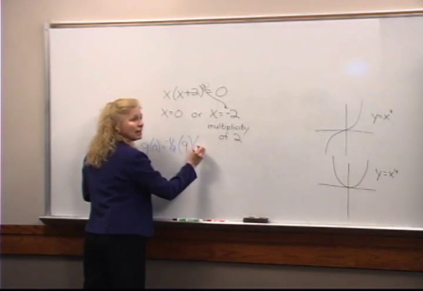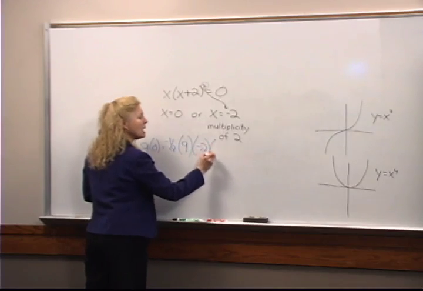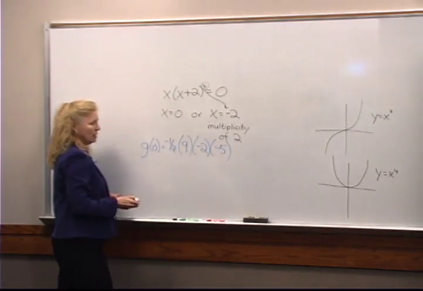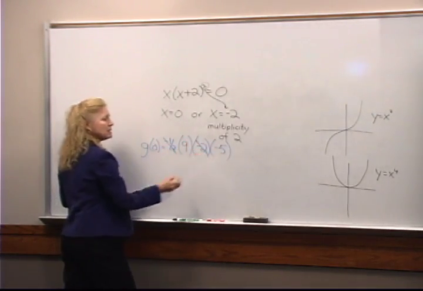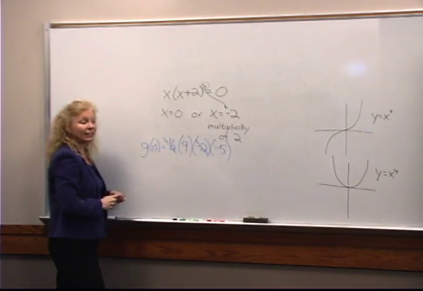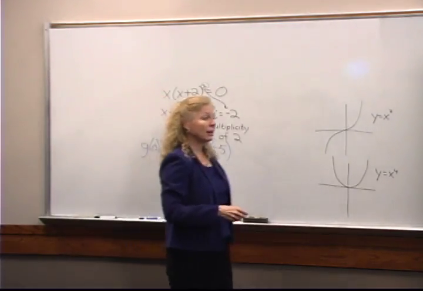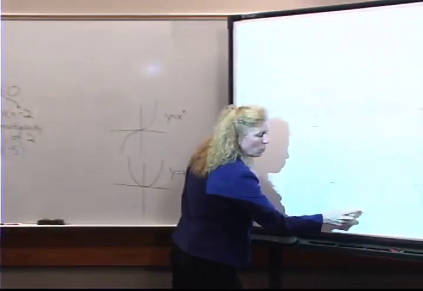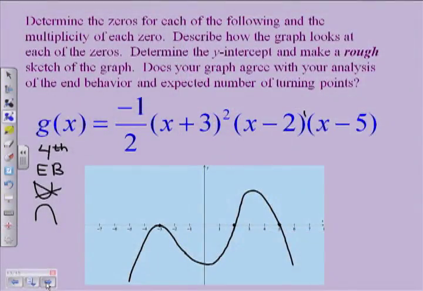And then times a -2, and then times a -5. Well, those will nicely cancel, and I get -45. So yeah, I actually do know the y-coordinate there. It hit at 0, -45. But I don't have a scale on, so I don't really care. Okay? That's pretty quick to be able to do all that work.